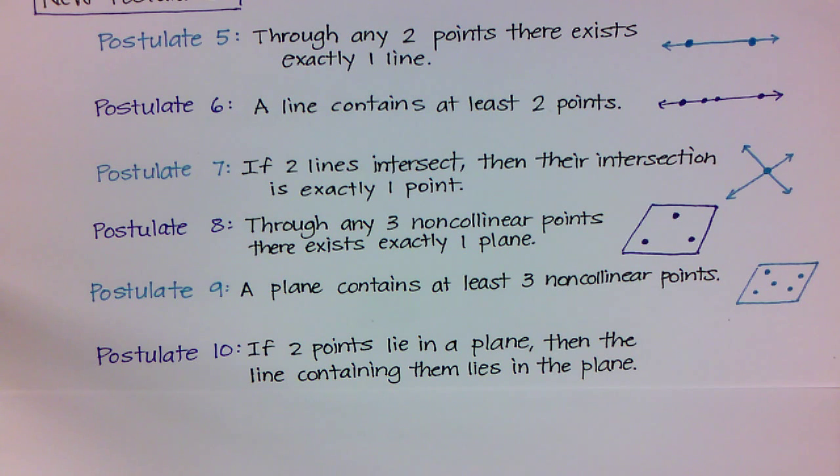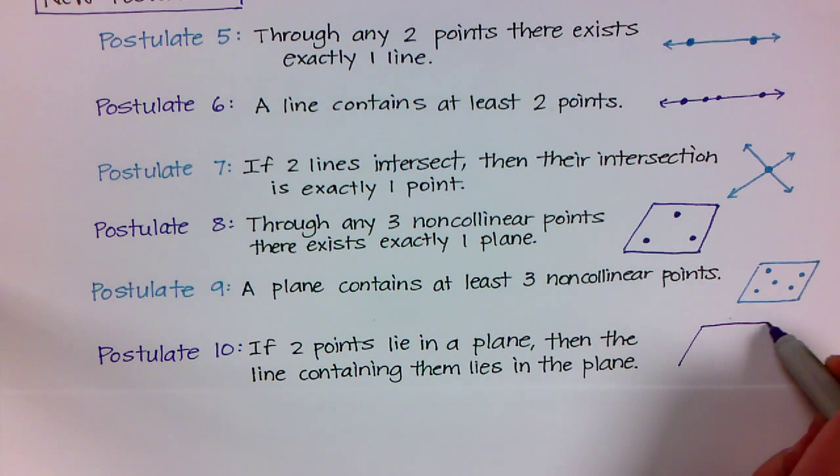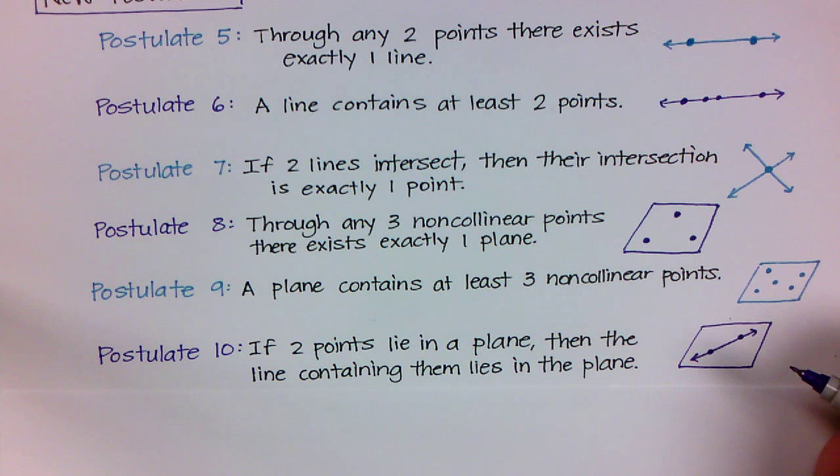Okay, so if 2 points are in a plane, let's draw that first. I have my plane, and I have 2 points in this plane. Then the line containing them, passing through it, is also in that same plane.